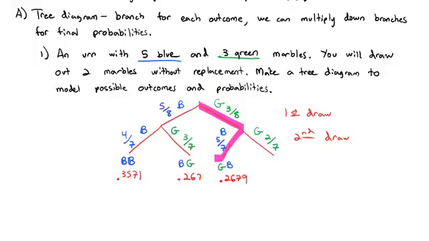I wrote it down wrong earlier. The last track is going down the green and then the green. If we want 2 green marbles, we'll multiply the 3/8 times the 2/7 to get 0.1071.